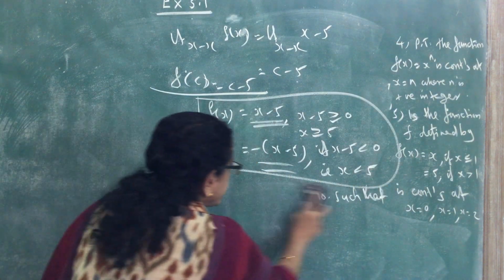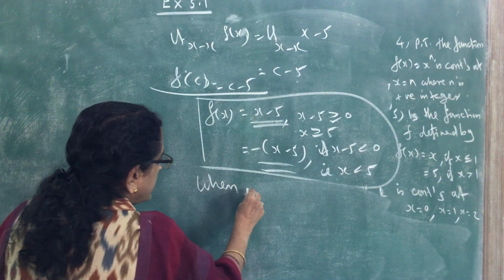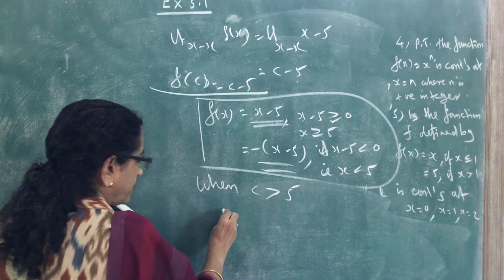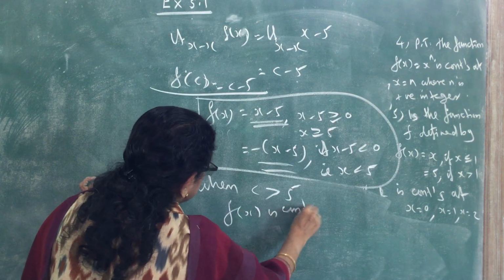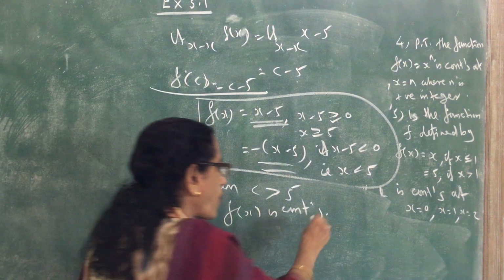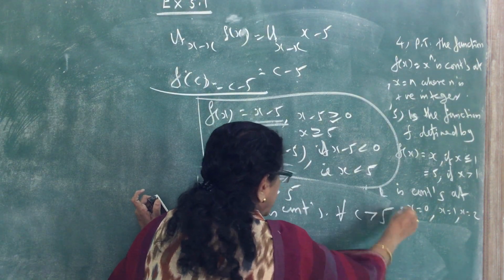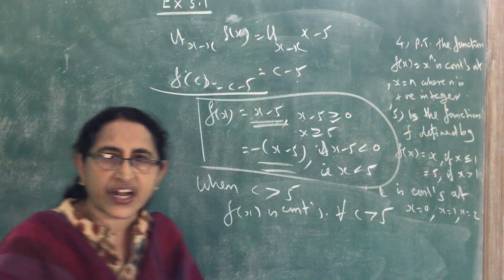So we have to conclude that when c is a number greater than 5, f of x is continuous. That means f is continuous for all c greater than 5. For all real numbers greater than 5, function is continuous. So we'll continue in the next session.